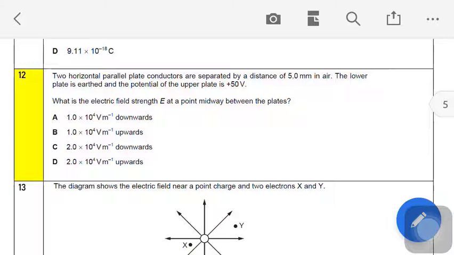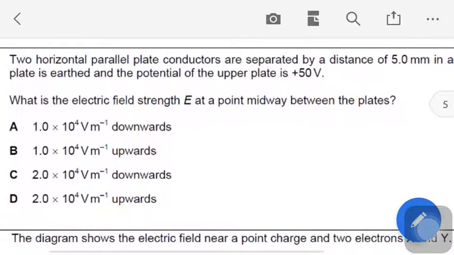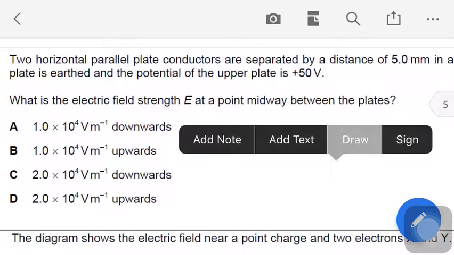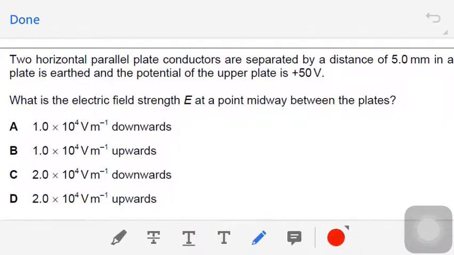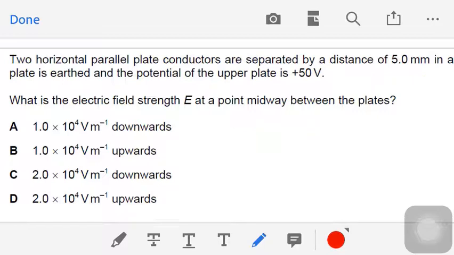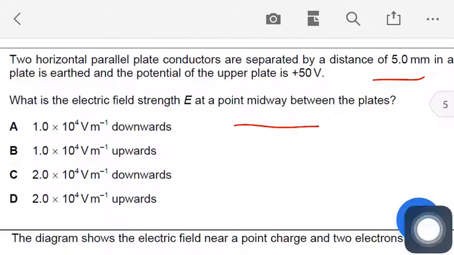The potential difference is 50, the separation is 5 millimeter. Perhaps you got confused about the midway. How many of you substituted half of 5 millimeter for the separation rather than 5 millimeter itself? I think that's the only mistake you could commit there.